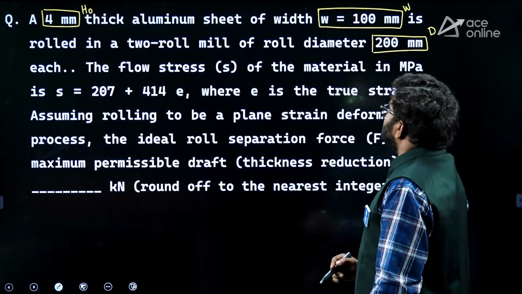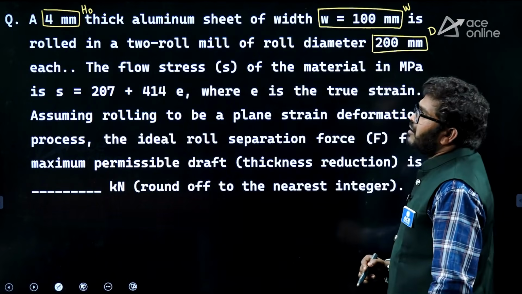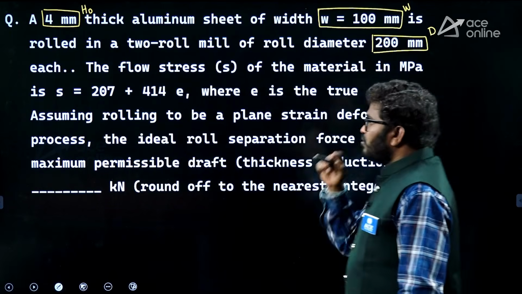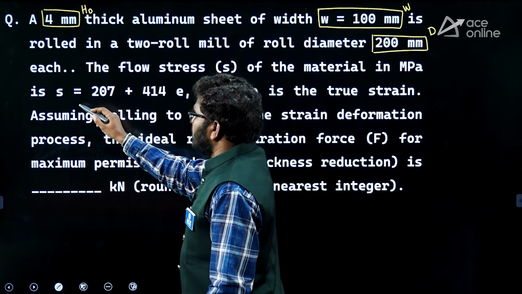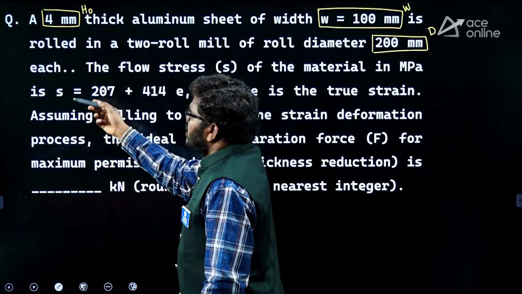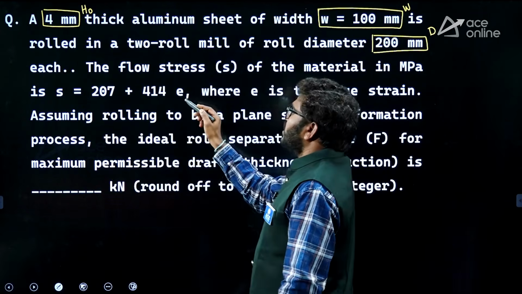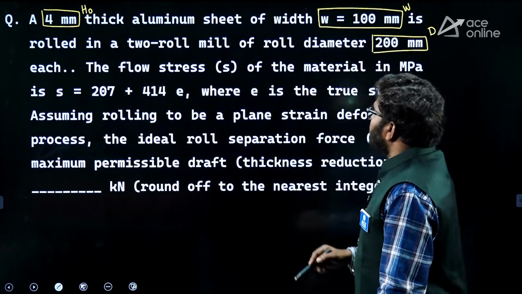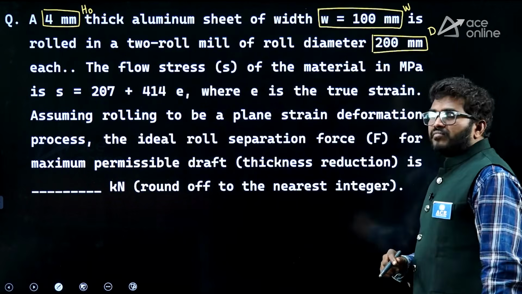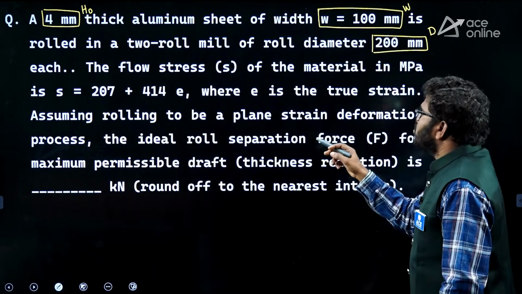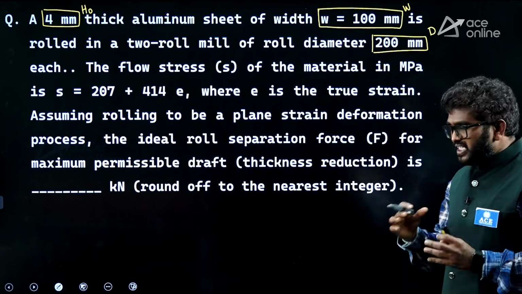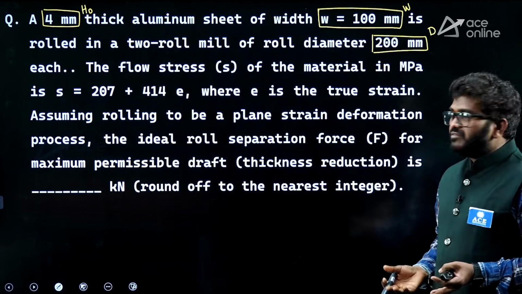The flow stress of the material in megapascal is sigma or S or YF, we can take 207 plus 414 E, where E is the true strain, assuming rolling to be a plane strain deformation. So plane strain deformation means width is constant.